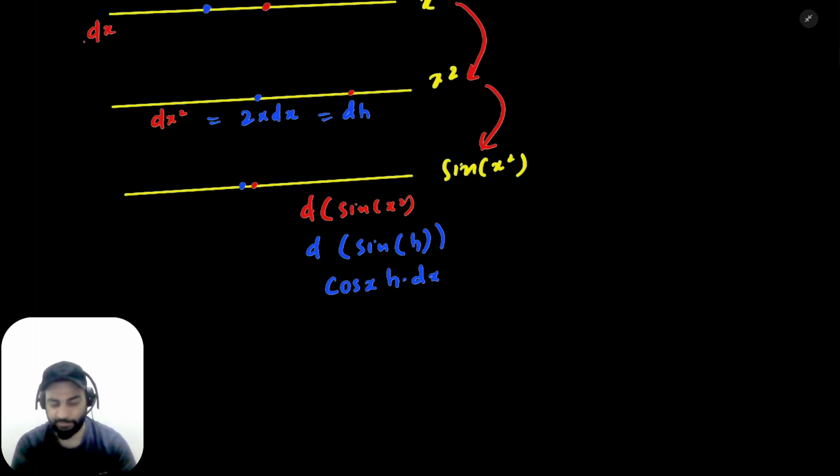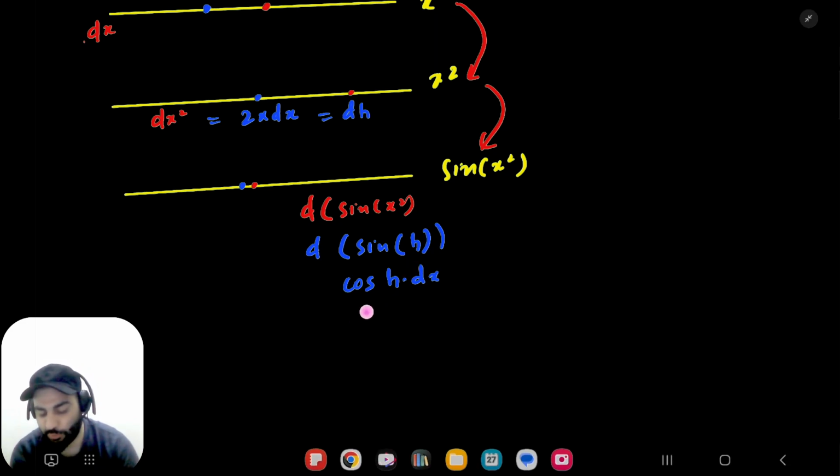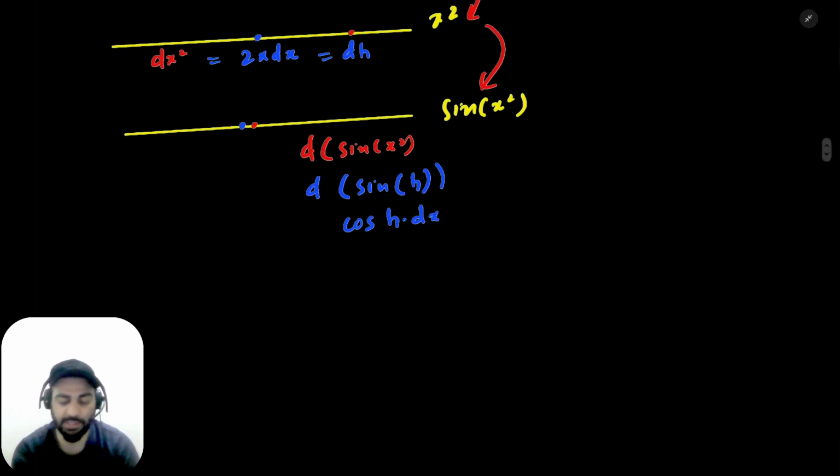Is it clear so far? This is cos of h, not cos of x, cos of h. Now I can put in the value of h. The value of h was x square, so I can write cos of x square, and then dh, not x dx.